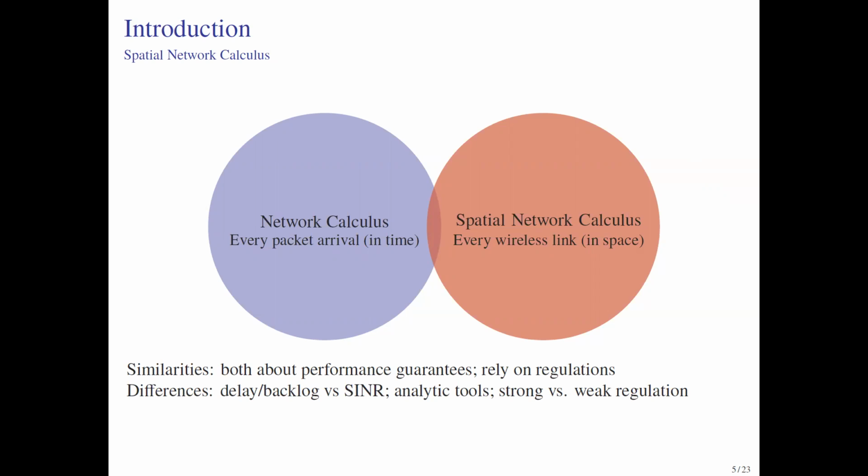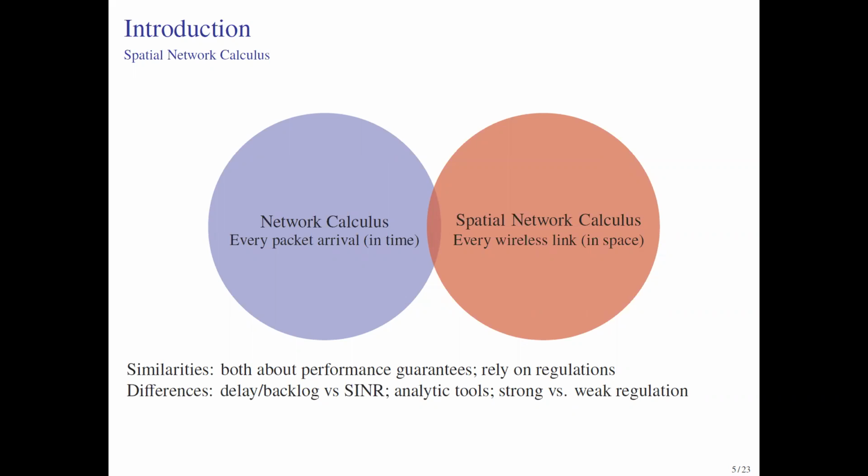So there are some similarities in the sense that they both target performance guarantees, and they both rely on the notion of regulations, which I will introduce, the spatial regulation, in a moment. But there are also some key differences.